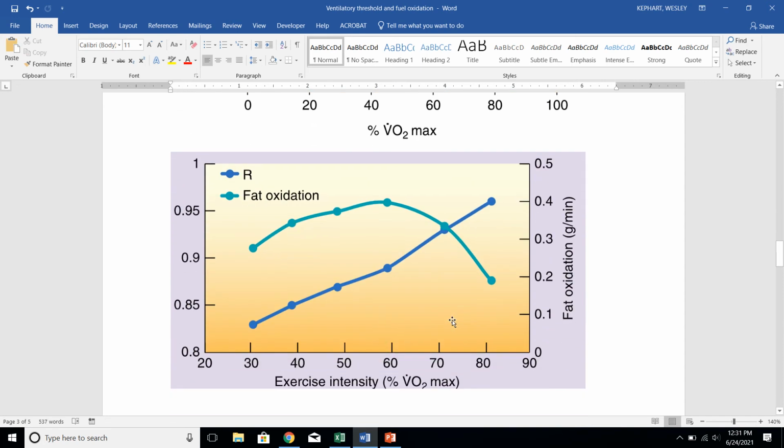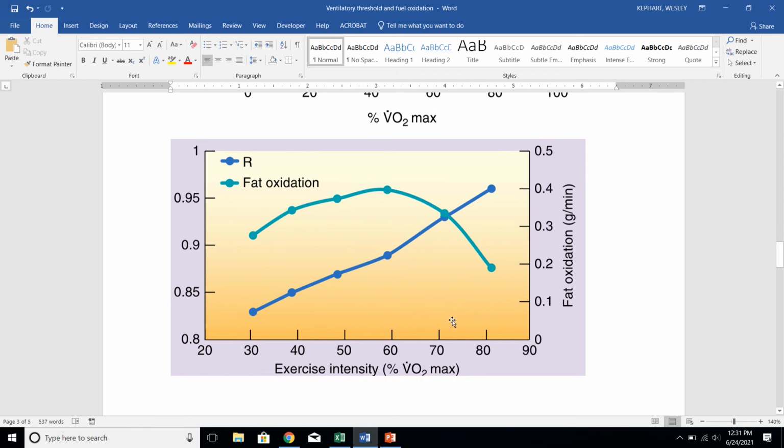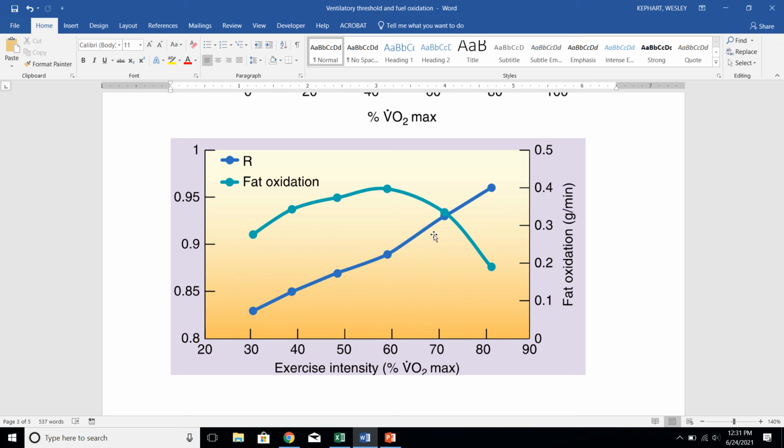But we have this other concept over here of fat max. So this right here, pretty interesting. You would think that whenever you're burning the most fat per minute would be whenever you're burning only fat, essentially. However, that's not true.